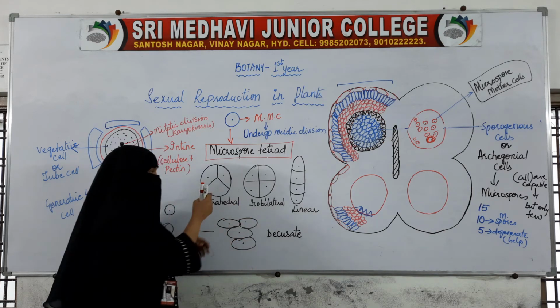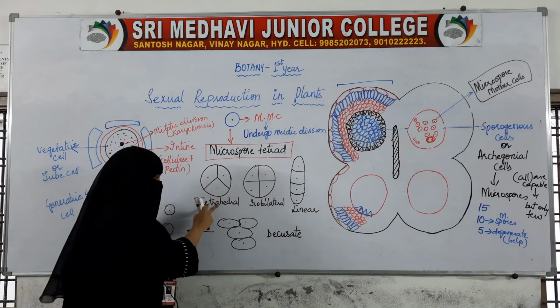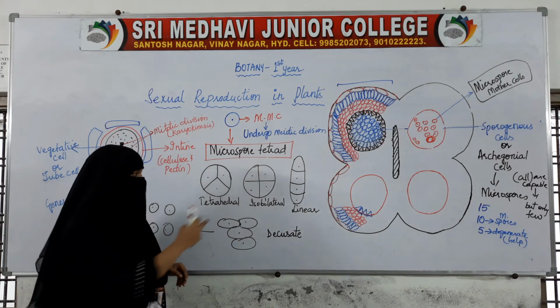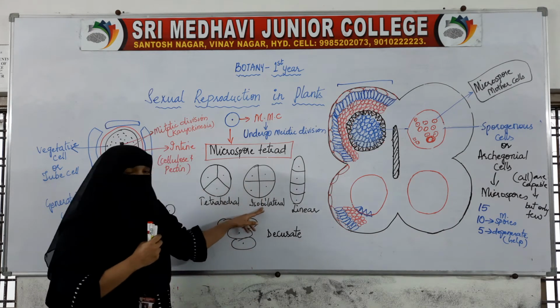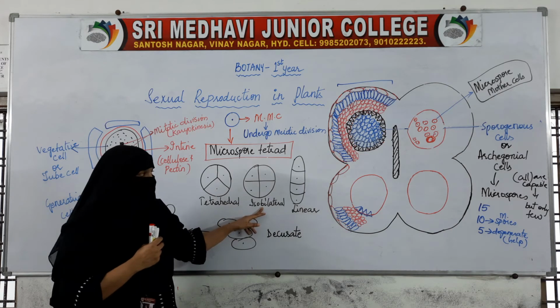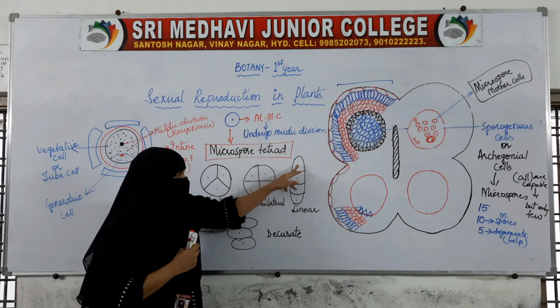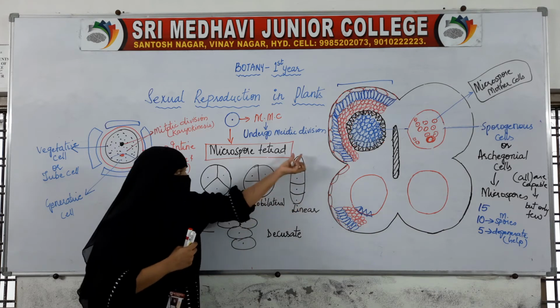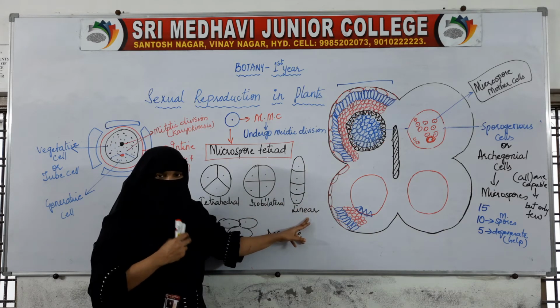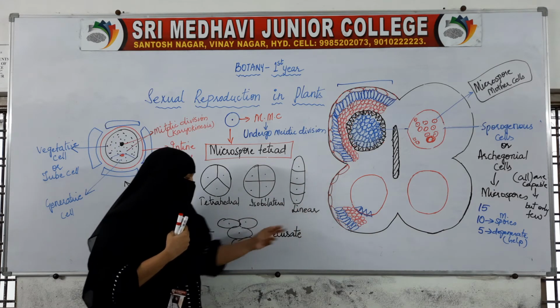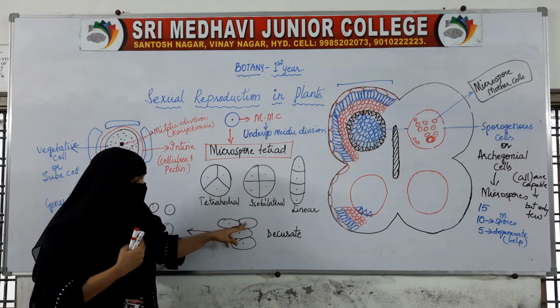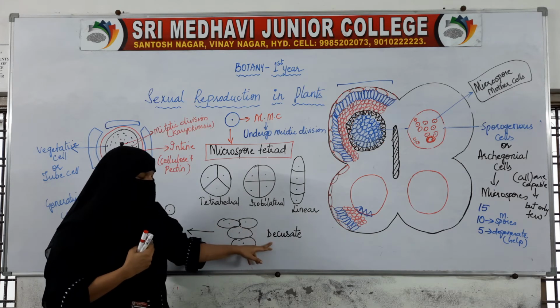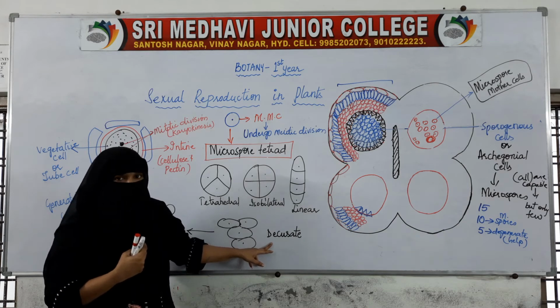This is one tetrad in which the arrangement is tetrahedral, or one tetrad in which the arrangement is isobilateral, and this is one tetrad, 1, 2, 3, 4, in which the arrangement is linear. And we have this one, 1, 2, 3 and 4. This type of arrangement is called decussate arrangement.